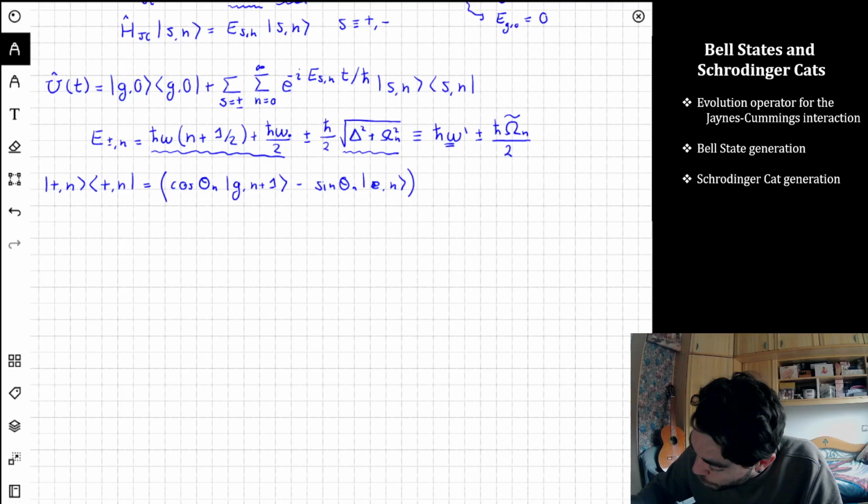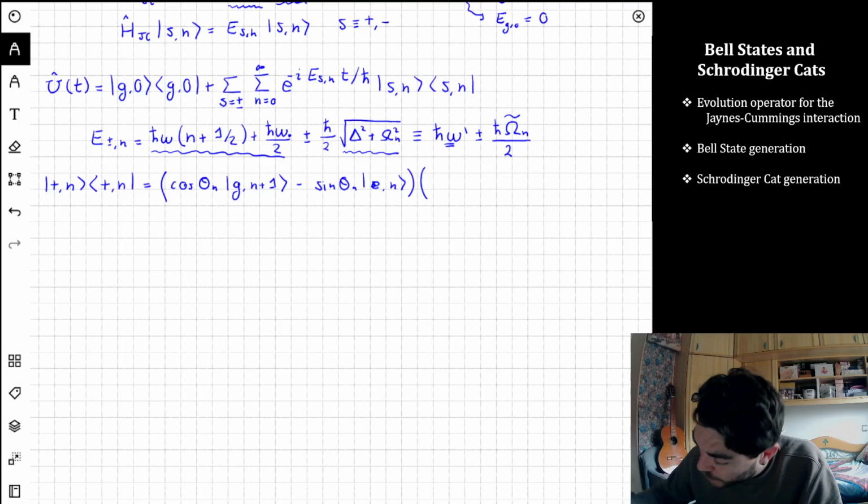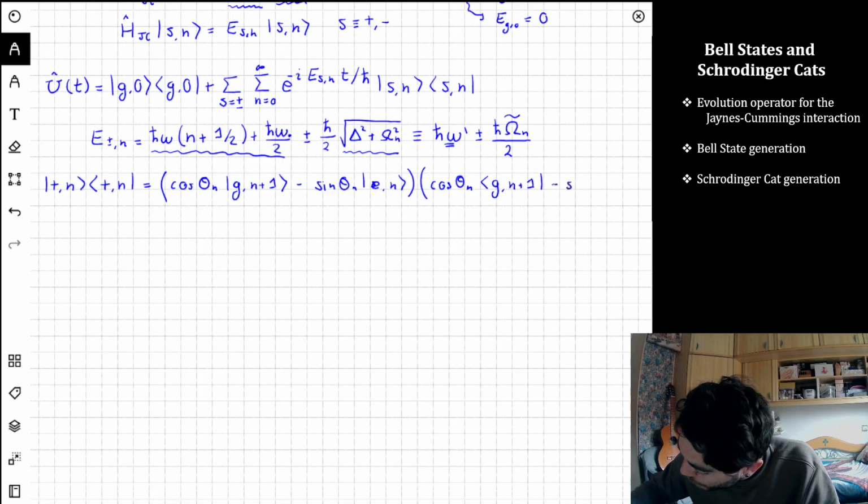And now if we do the bra of this operation, we have the bra, right? It's exactly the same thing, but I'm going to write it in this case as cosine theta n, and now g n plus 1 minus sine theta n, because these are real numbers, e n.